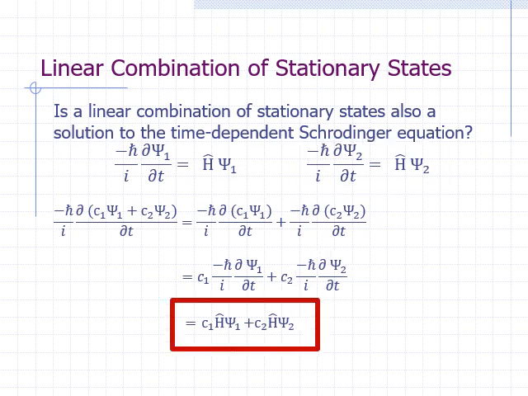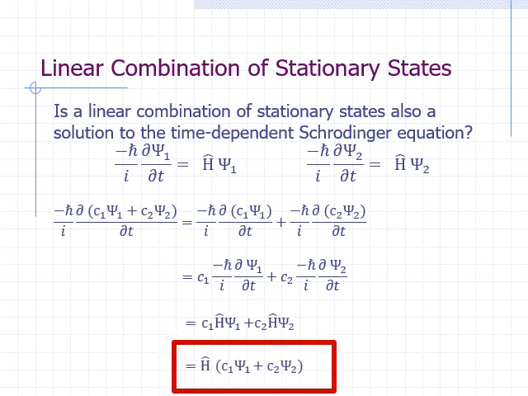So we get this expression, which is just equal to H hat applied on the linear combination, since H hat is a linear operator. Therefore, the answer is yes. Any linear combination of stationary states is also a solution to the time-dependent Schrodinger equation. However, if the stationary states are not degenerate, then the linear combination would not be a stationary state, as we have seen earlier.